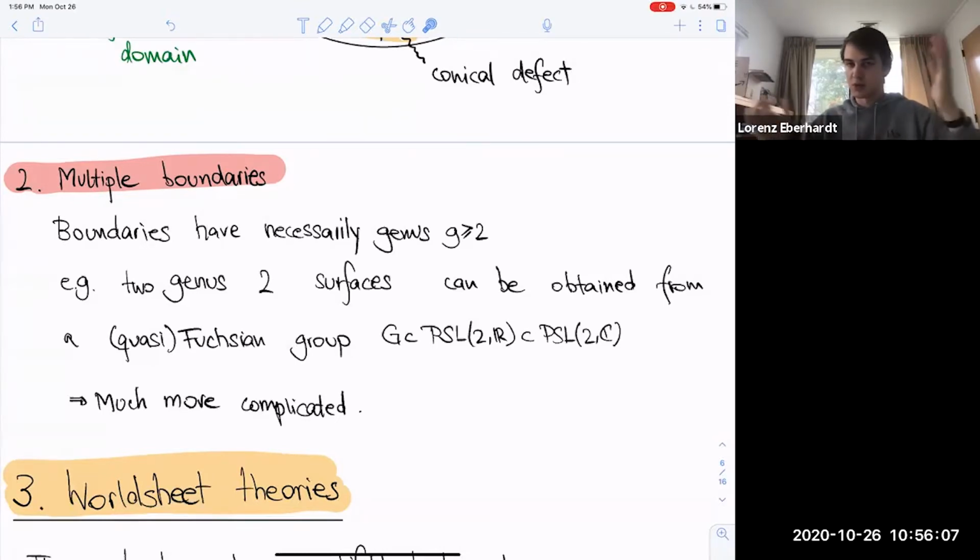In particular, these 2 boundary surfaces have the same moduli. If you want them to have different moduli, there is a different generalization, the quasi-Fuchsian group. But I don't want to get into it. I will just say this so you understand that it's much more complicated, and so we will mostly focus on this partition function story. Okay, any questions on this?